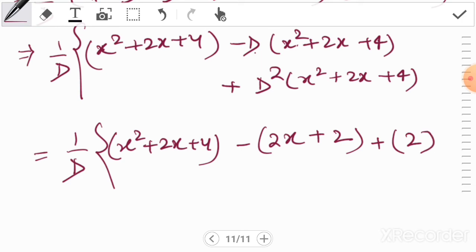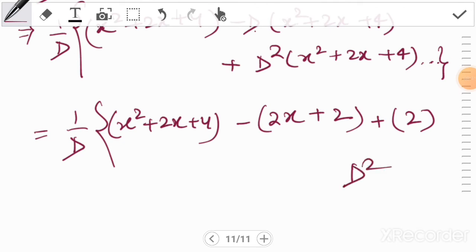So now we need not consider higher power because it will become 0. Since the third and higher derivatives of this polynomial equation are 0, we need not consider terms beyond D square. Okay.